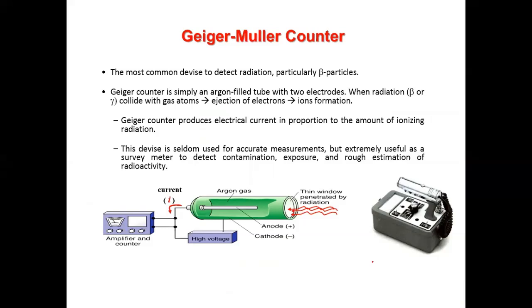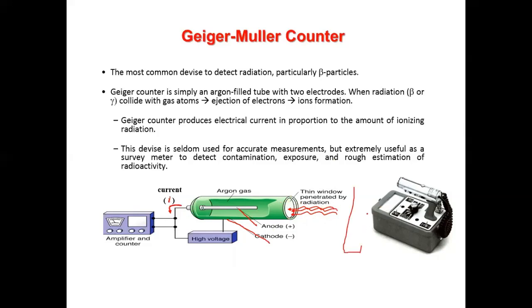This is very simple, but it is not very specific like autoradiography. This is a meter which has a tube filled with argon gas, and it has an electrode, the cathode, and the anode. And it has a thin window through which penetration of the radiation can occur.